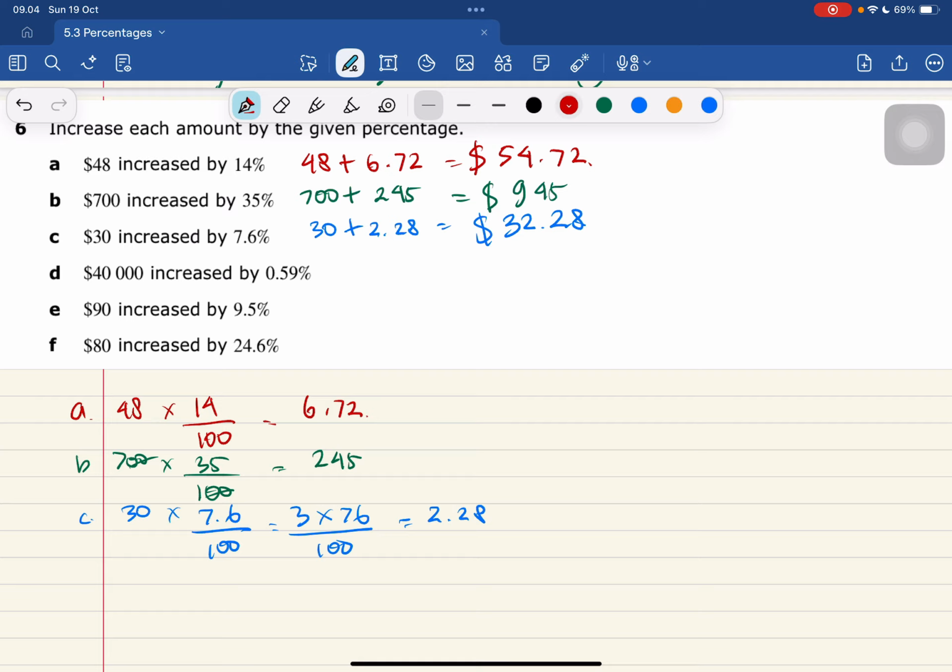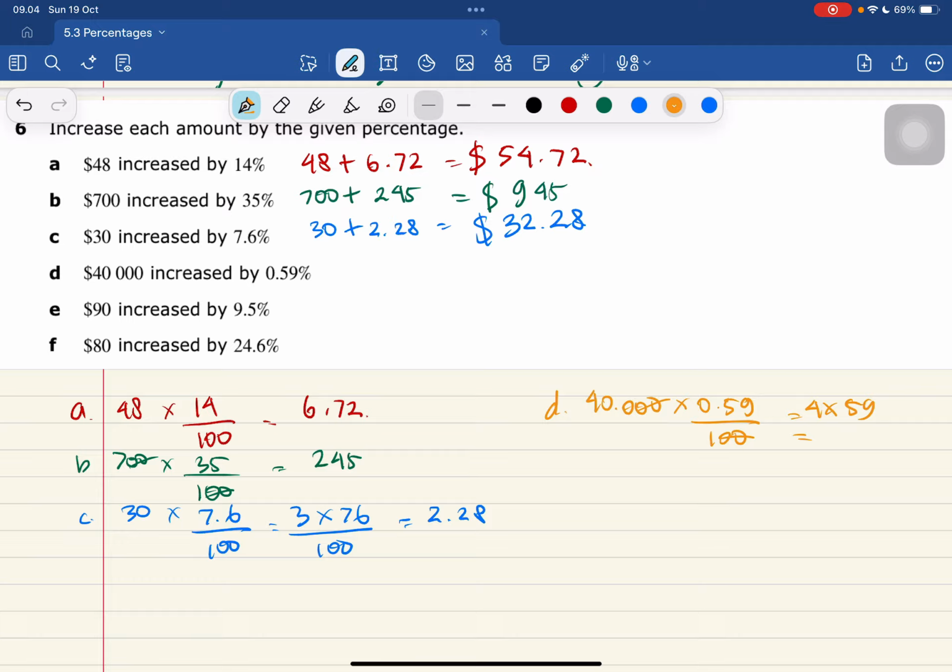Next is still increase for 40,000. So this is for D. Let's write D here. 40,000 times 0.59 over 100. So simplify it. So it's going to be 4 times 59. Okay, because this is 100. So we will give it to 0.59.